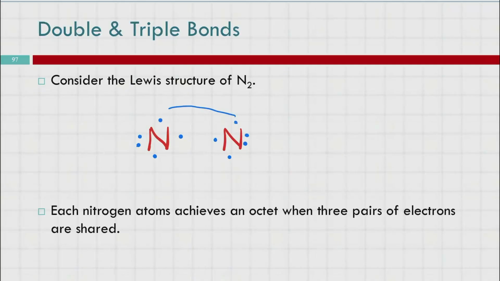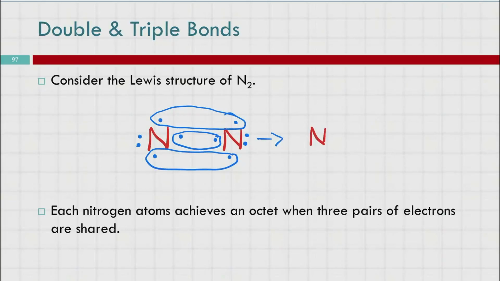So what we can do with nitrogen is do 3 bonds. You'll find if you do only 1 or 2, you don't quite have enough valence electrons for either of your nitrogens, but 3 is just right. And this is a triple bond.